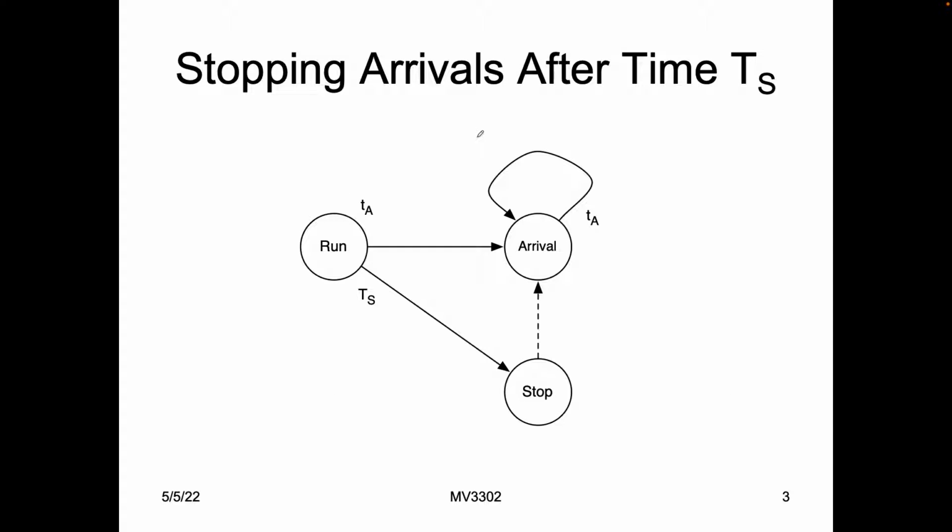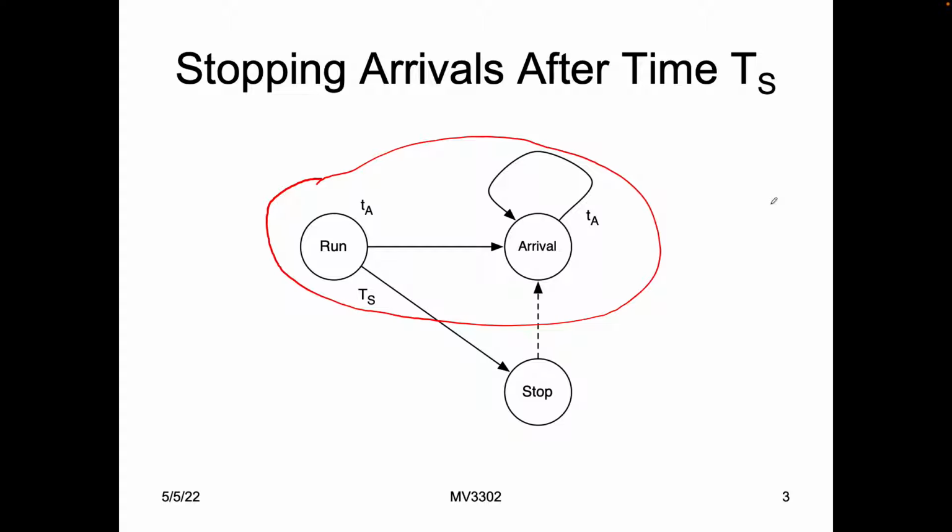So here's a simpler example of that. You've all, by now, hopefully done your basic arrival process. And if you forgot to do the stop at time, you may have noticed that it goes on forever and you have to hit Control-C or the little red square.